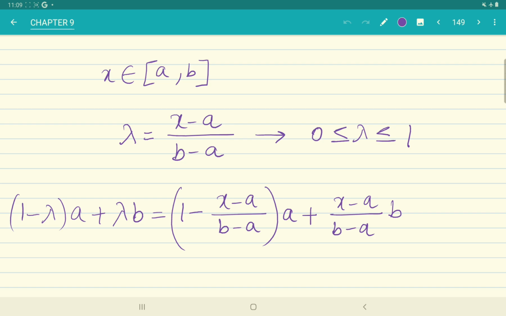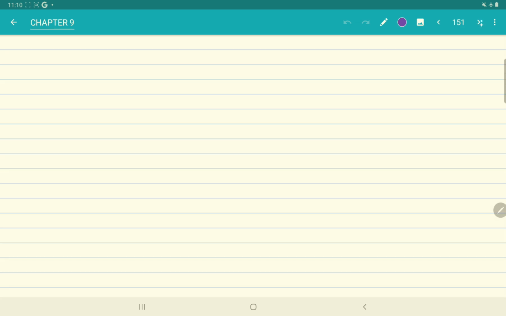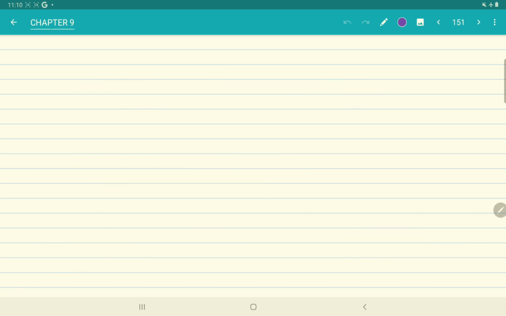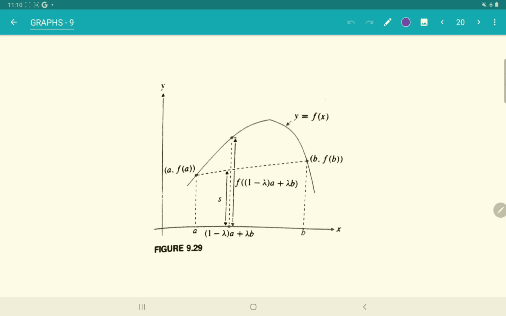Now let's take up this diagram. Here we want to calculate the number s. We are given a function, and basically there is also a line that is joining a, f of a and b, f of b.